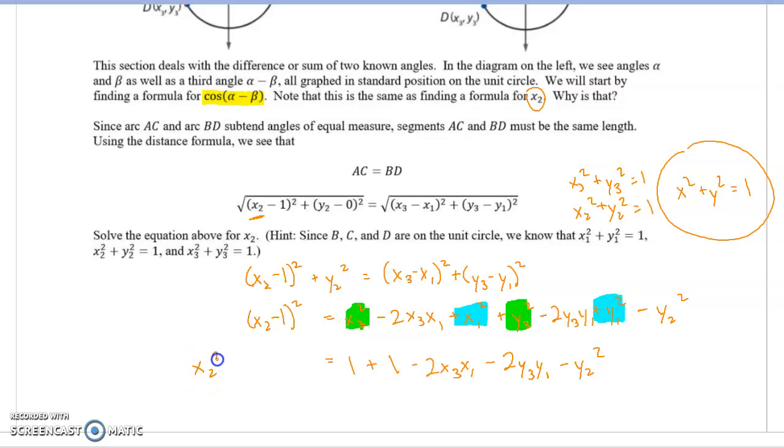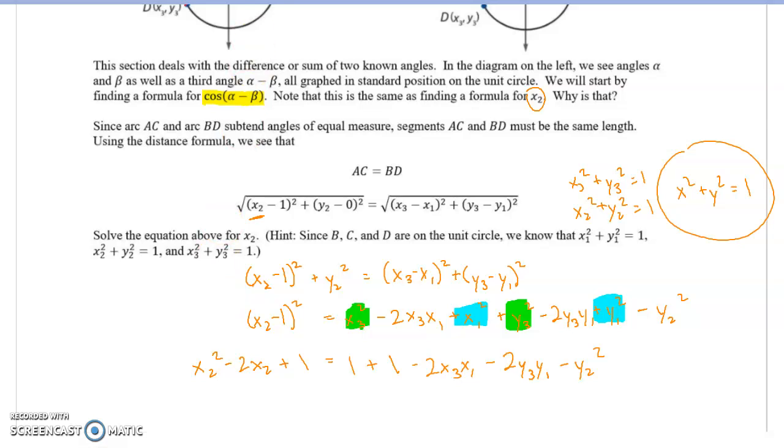So x2 squared minus 2 x2 plus 1. Now this might not seem like a very good idea, because remember we're trying to solve for x2, and suddenly we now have x2 twice. But I'm thinking we might be able to eliminate this x2 squared somehow.